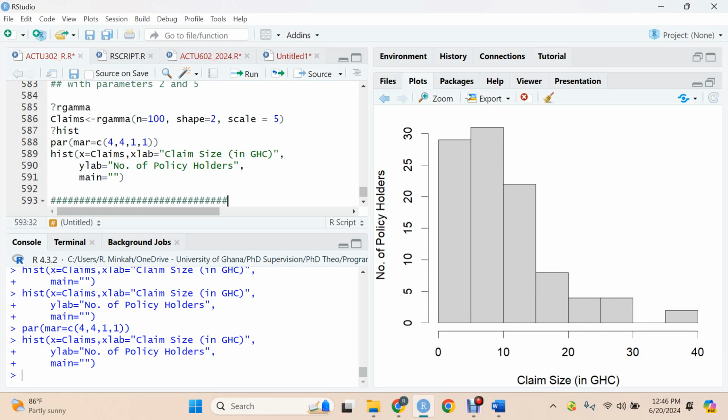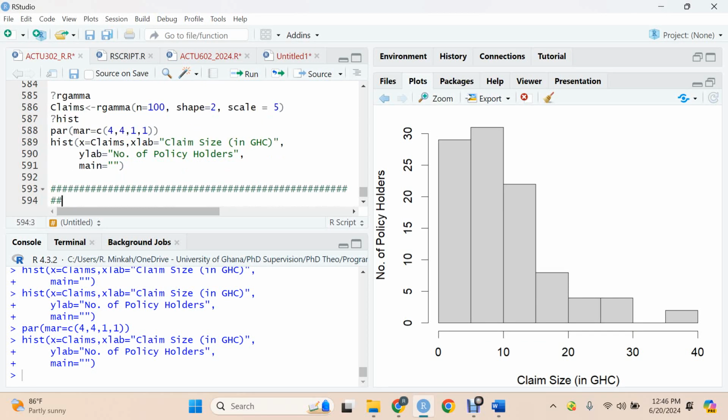Now let's do a bit of probability. Now, in my case, let's say I want to take reinsurance at claim sizes over 30,000, assuming this is in thousands. Then if a claim comes and it is over 30,000, the difference will be paid by a reinsurance company. Okay, so in this graph, I want to be able to get a red line to present at a board meeting that, okay, any claim over this will refer to the reinsurer.